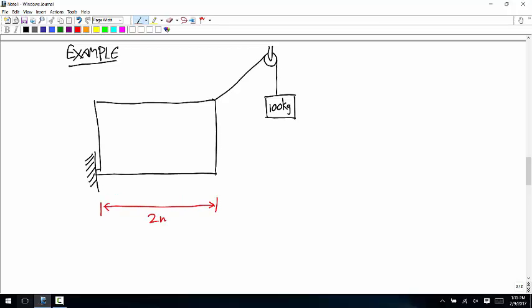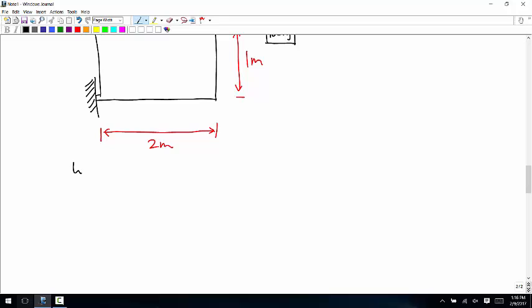Let's call that 2 meters, 1 meter. This angle is 45 degrees. And let's say the mass is 50 kilograms. What are the reactions at the fixed joint?